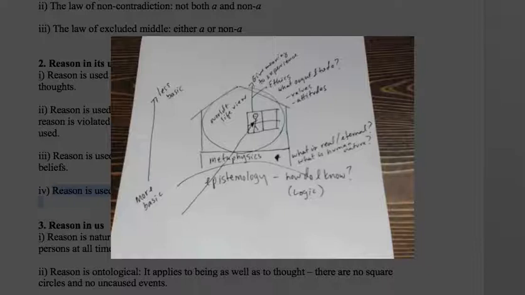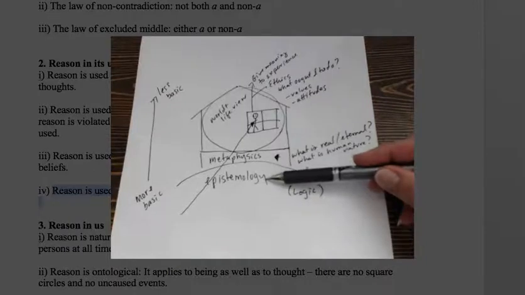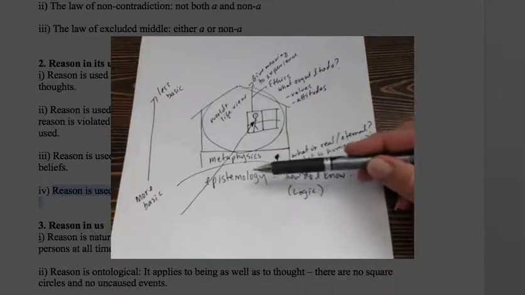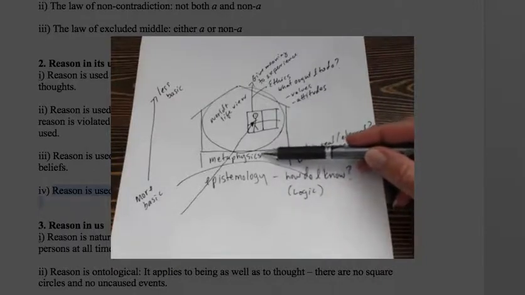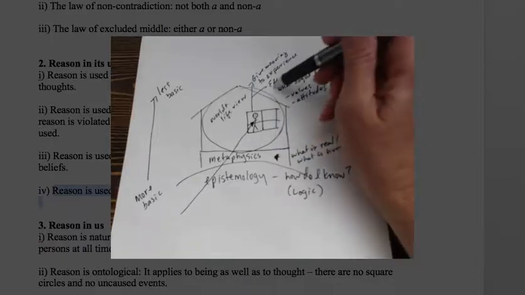I draw a lot of pictures in class, stick figures. I would like to use this as a sample throughout the study. So remember, more basic comes first, then less basic. And in philosophy, epistemology is logically prior to metaphysics. Metaphysics is logically prior to ethics.